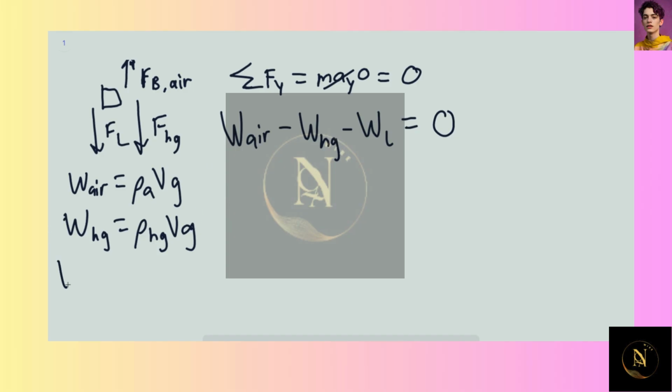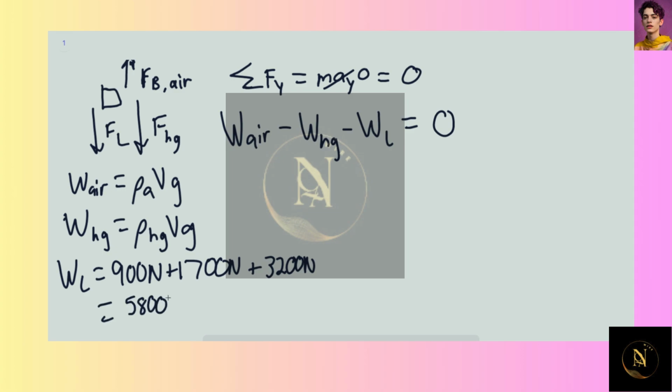And then we have a load. They're saying that the hot air balloon, the propane tank, and the passengers on board, all of this is going to equal 5,800 newtons. At this point, we can solve for the density of the heated gas.